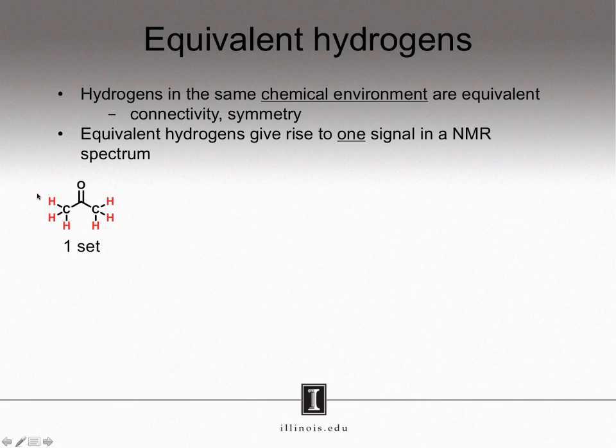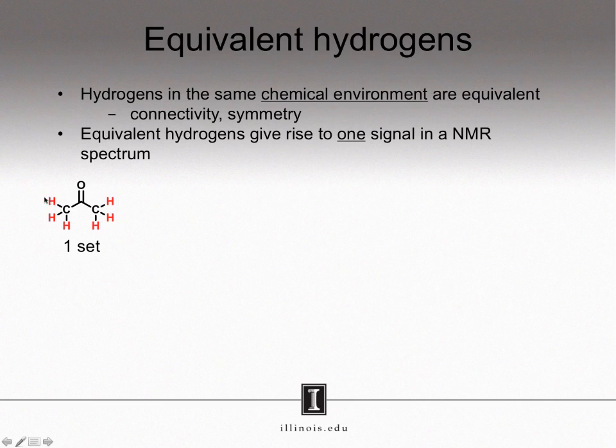In this structure, I have drawn in all of the hydrogens. I have also already told you how many sets are present in this one molecule. It turns out that all of these hydrogen atoms are chemically equivalent. Let's talk about why that is. Let us look at these 3 hydrogens on the left first. We see that these 3 hydrogens are all attached to the same carbon.